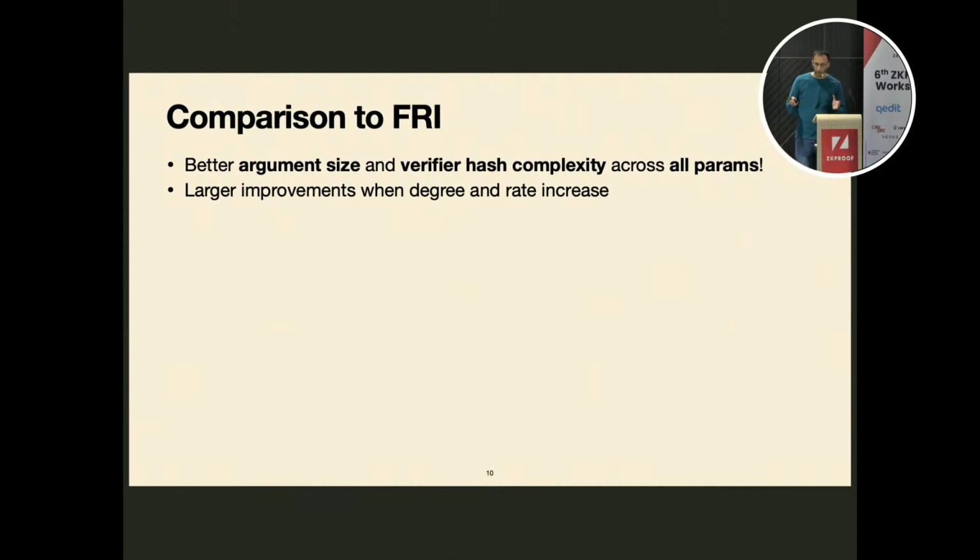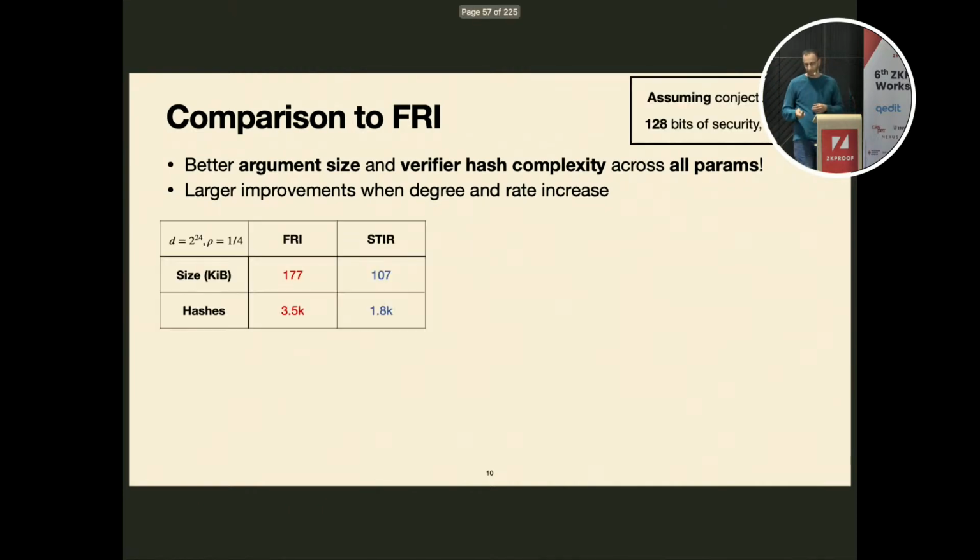So we get better argument size and verifier hash complexity across almost all parameter regimes. This is not like I cherry-picked some specific numbers. And we get larger and larger improvement as the degree becomes larger. So for example, here I took the degree to be 2 to the 24 and rate 1/4.